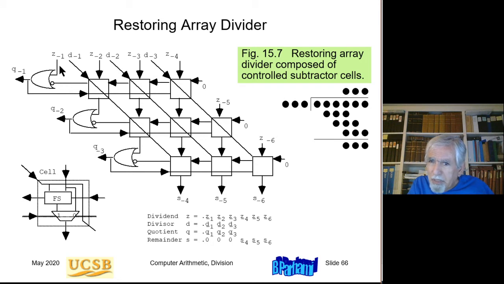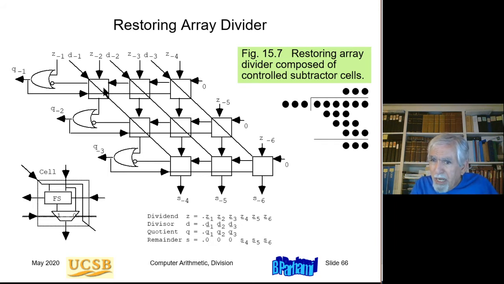So here's what happens. From the 4 bits z minus 1, z minus 2, z minus 3, z minus 4, I subtract these 3 bits using a 3-bit subtractor. And then that gives me basically the remainder.